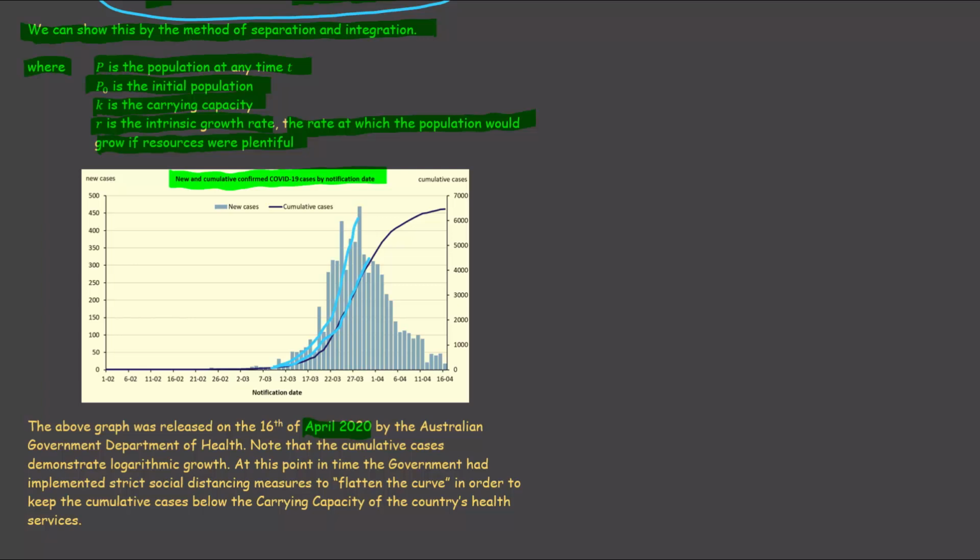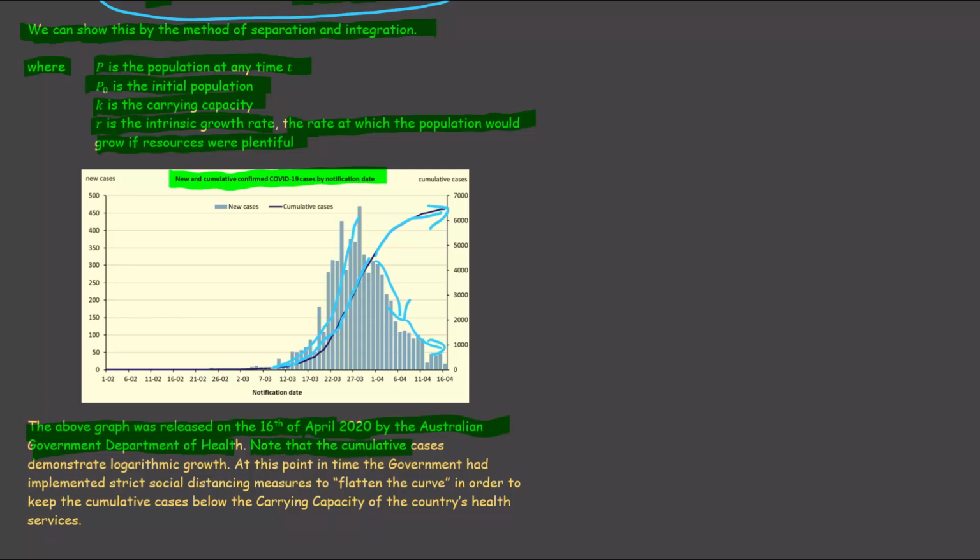Now, it didn't actually go and do this bit because of measures like social distancing, washing hands, wearing masks and all that sort of stuff that was supposed to flatten the curve, and you can see that it did exactly that. The above graph was released on the 16th of April 2020 by the Australian Government Department of Health.